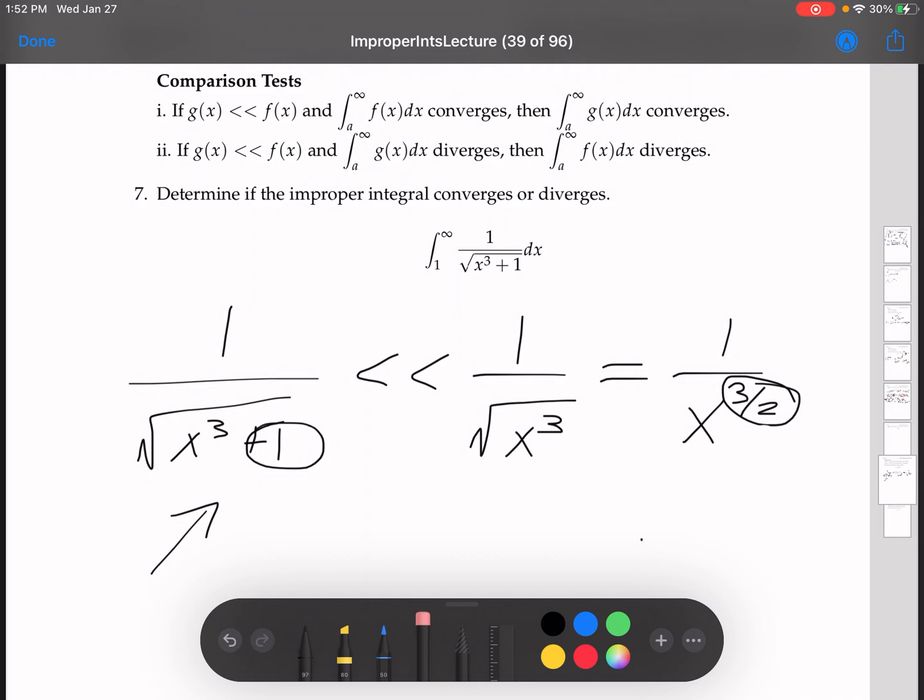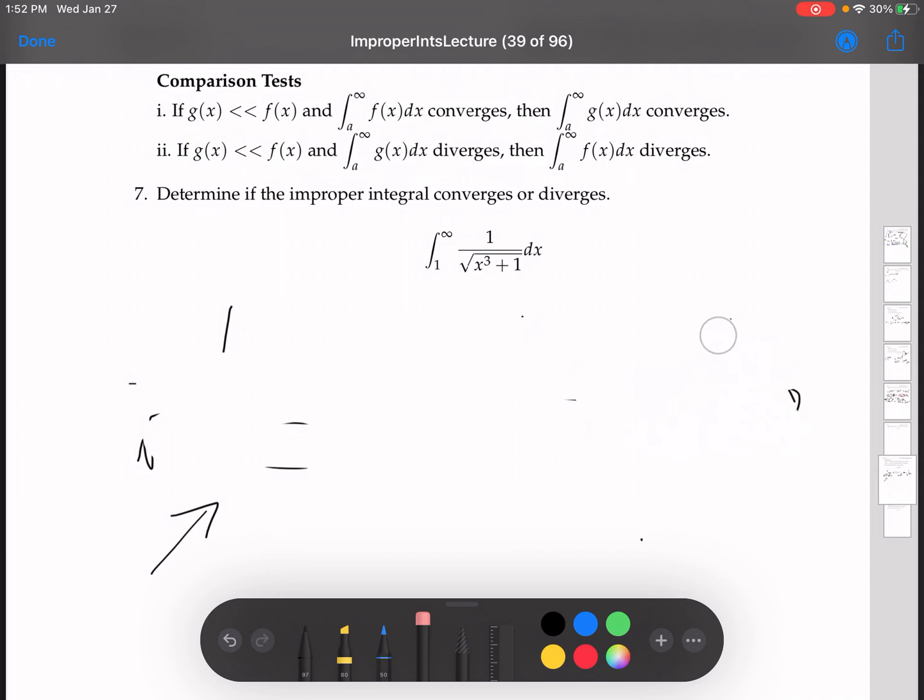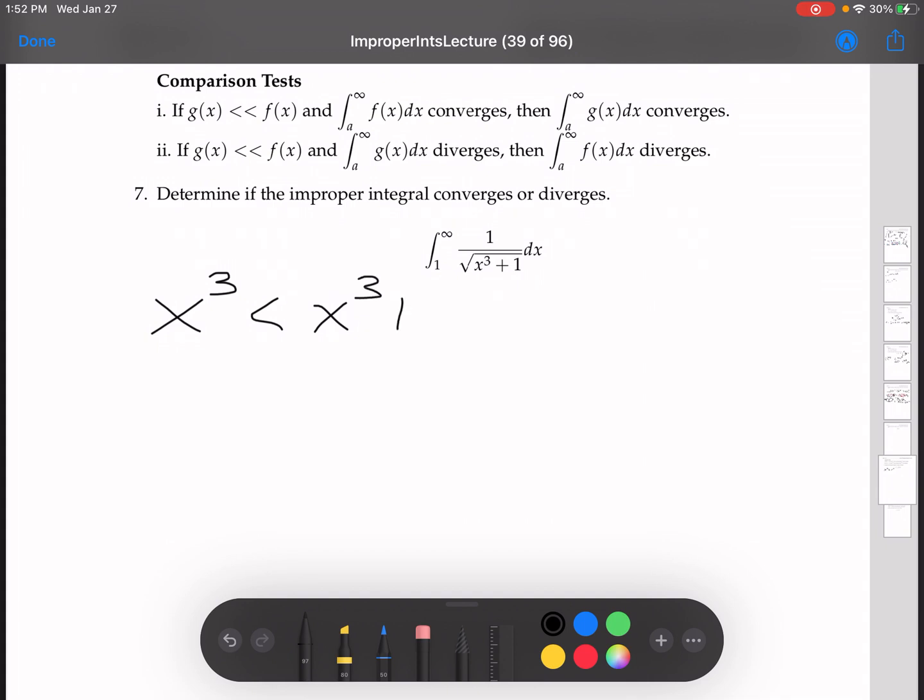Excuse me. Now, a way to be sure is to do what I'll do now. x cubed is less than x cubed plus 1, right? Here you're adding 1. So x cubed is less than x cubed plus 1.